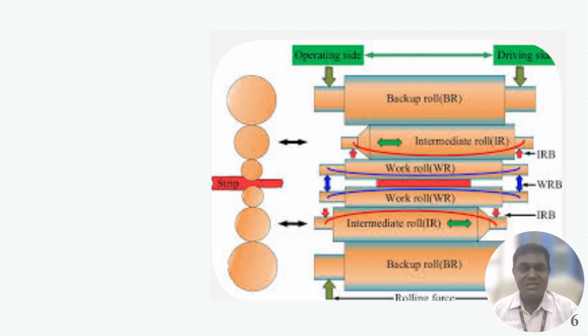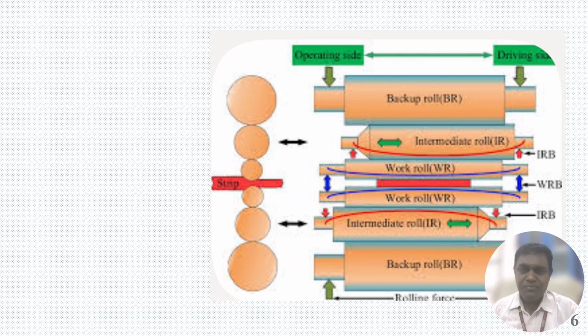Now there are several setups of the rolling process, arranged according to the capacity and the shape. Let us see that here several rollers are arranged around the strip. The rollers immediately on either side of the strip are called work rollers. The main work happens through these rollers, and above the work rollers we provide intermediate rollers, and then backup rollers.